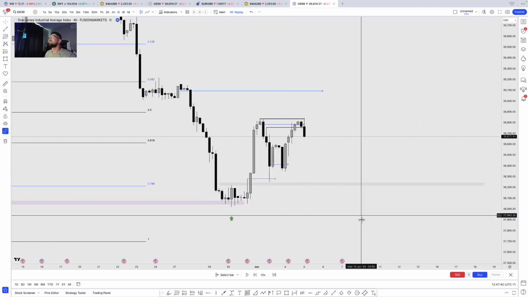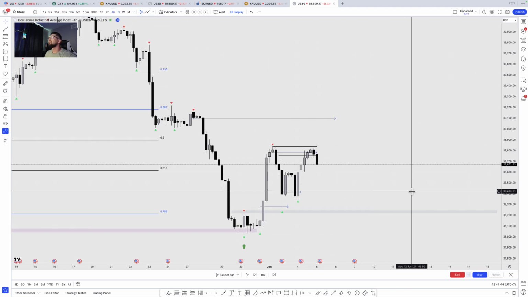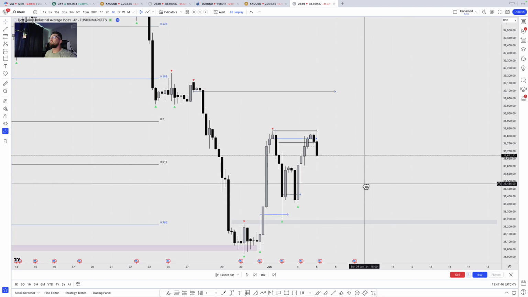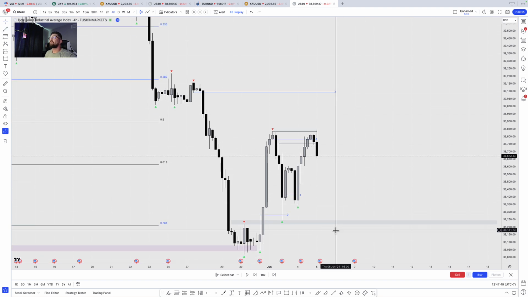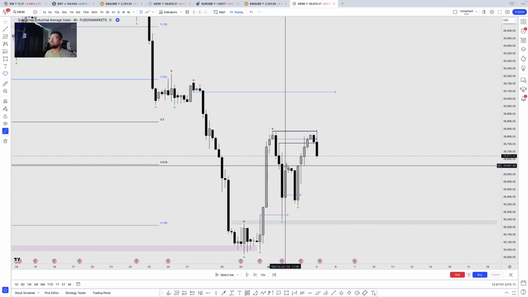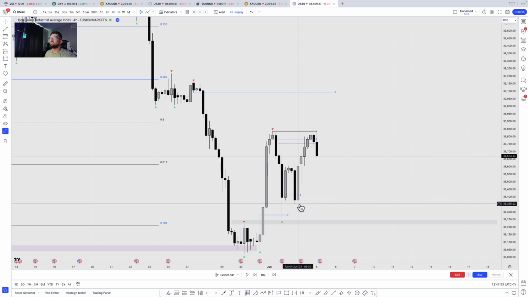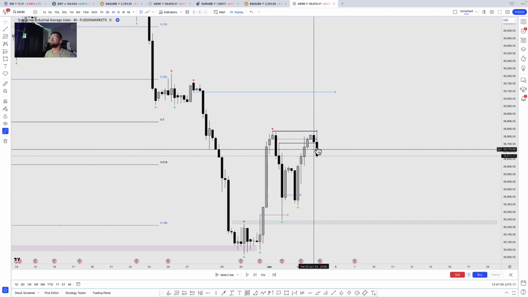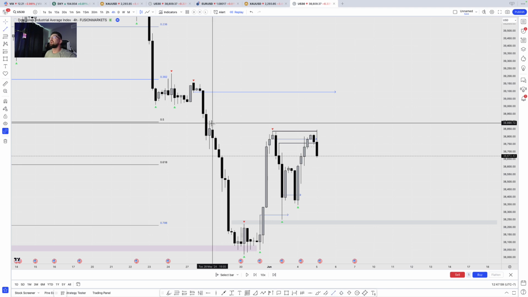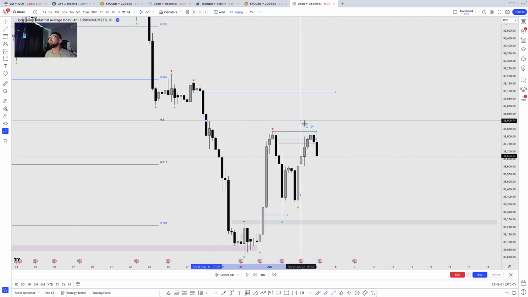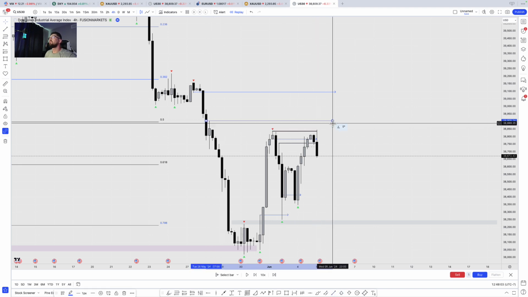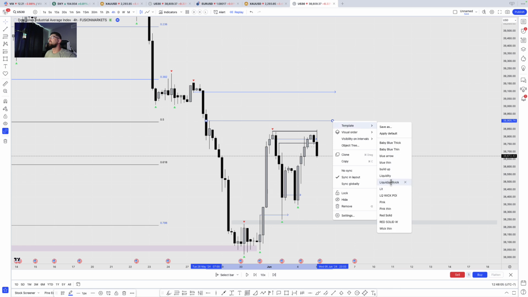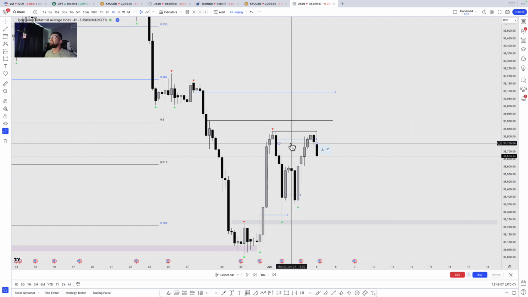Just to show you guys what's going on, we'll keep things really, really simple. Ultimately now, we got a reaction from our rhythm level here. There's really no data on the 4-hour aside from a point of liquidity that could react. So we can make this one that. I'm going to delete these. So these kind of played out.